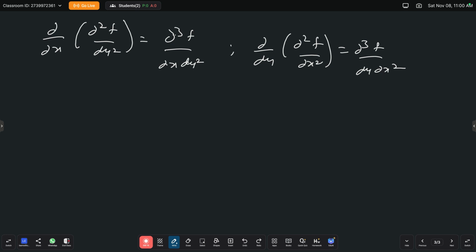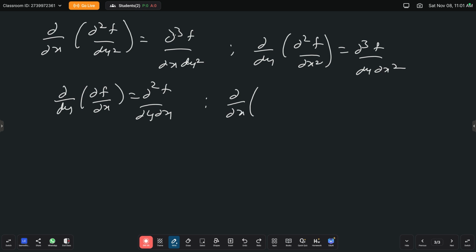And now dou by dou y of dou f by dou x equals dou square f by dou y dou x. Now this is the second order; the first one is the third order derivative. Okay, dou by dou x of dou f by dou y equals dou square f by dou x dou y.